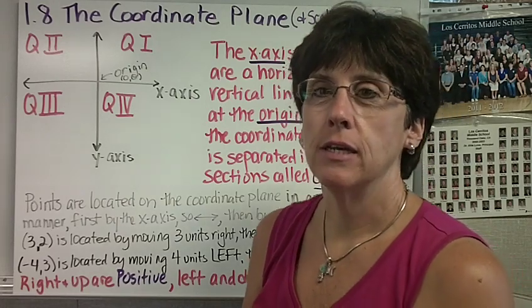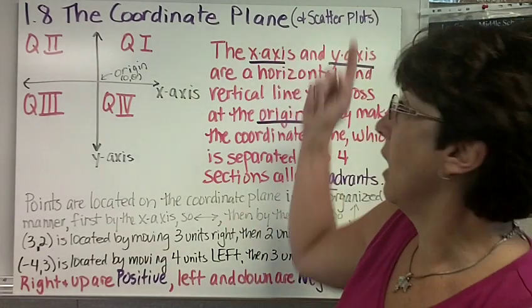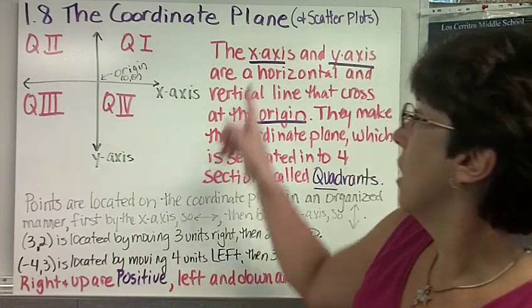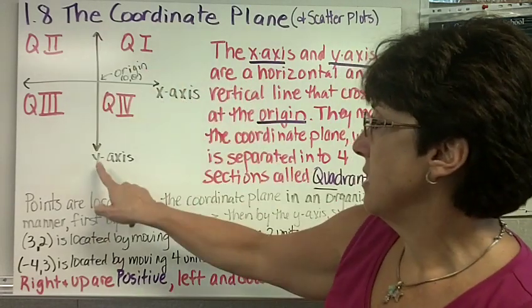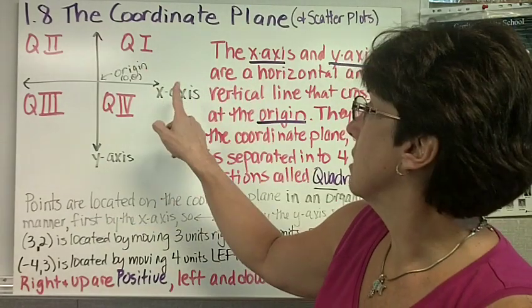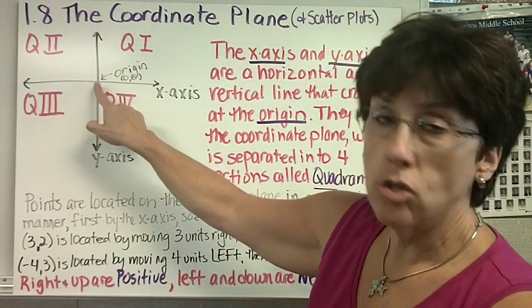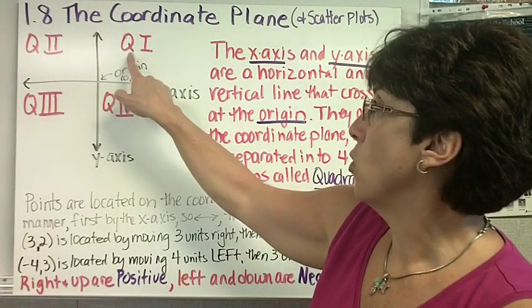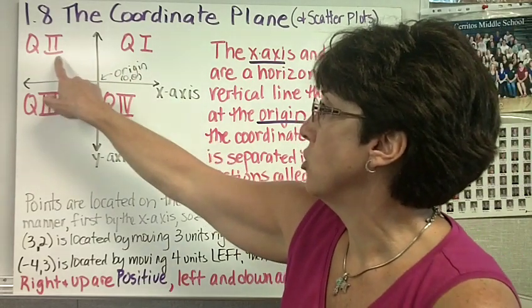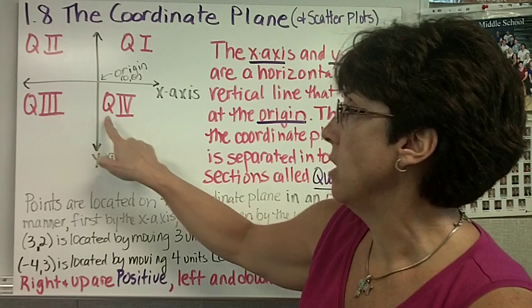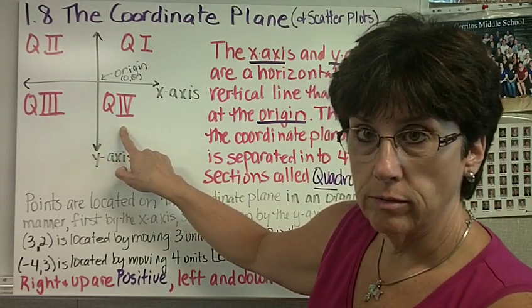Lesson 1.8, the coordinate plane and scatter plots. This is the y-axis, this is the x-axis, this is the origin, this is quadrant 1, quadrant 2, quadrant 3, and quadrant 4.